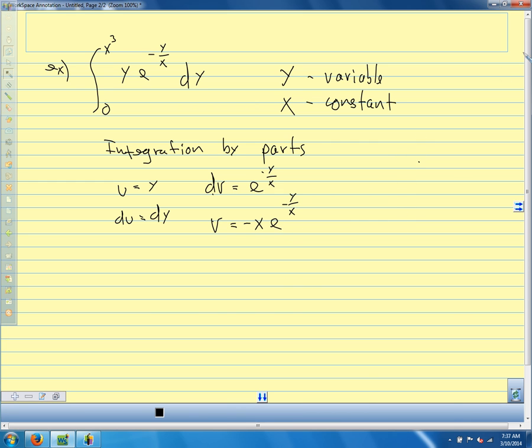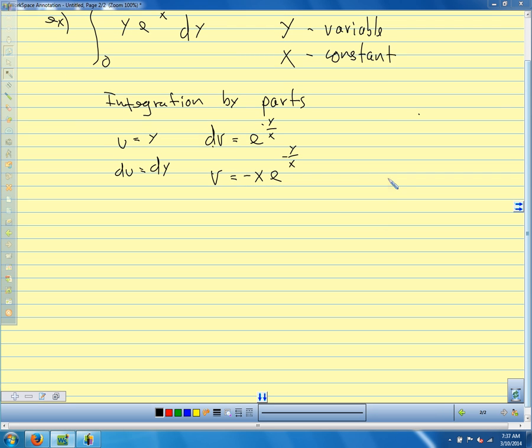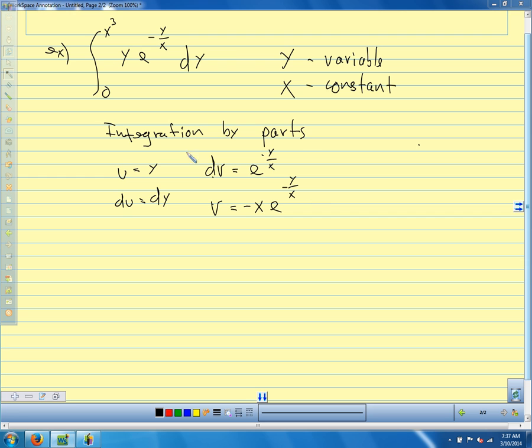All right, now we're ready to keep up with our integral. I'm going to leave off my limits for now for the intermediate steps of doing the integration by parts. So the integral of y e to the minus y over x dy is u times v, minus x y e to the minus y over x, minus the integral of v du.